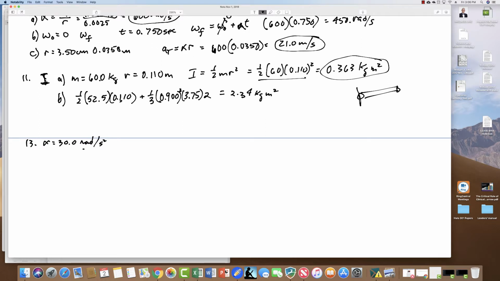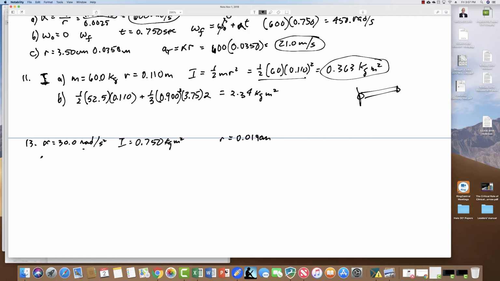And her lower leg has a moment of inertia of 0.750 kilogram meter squared. What is the force exerted by the muscle if its effective perpendicular lever arm is 0.19 meters, 1.90 centimeters? So the question is, what is the force exerted?